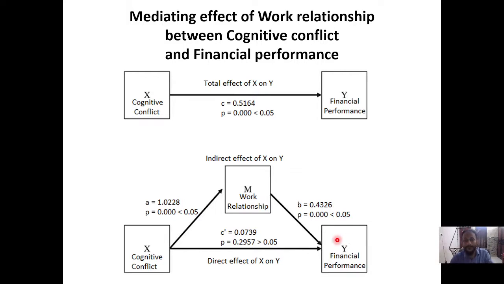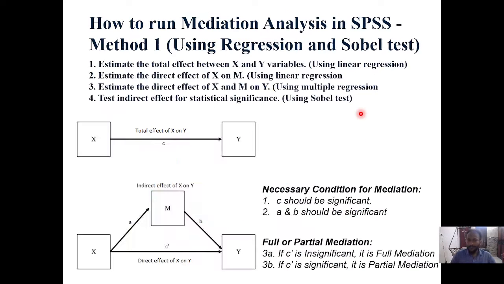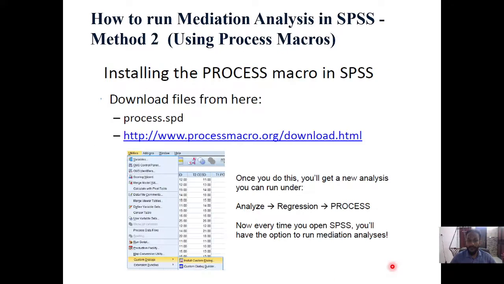Now, can you please tell me whether it is full mediation or partial mediation? Is it full or partial? Go back to the procedure. If C dash is insignificant, it is full mediation. If C dash, that is this path, is significant, it is partial mediation.